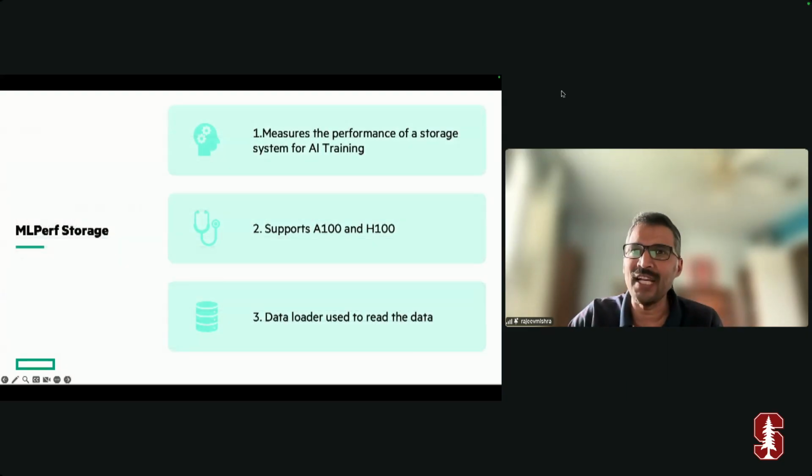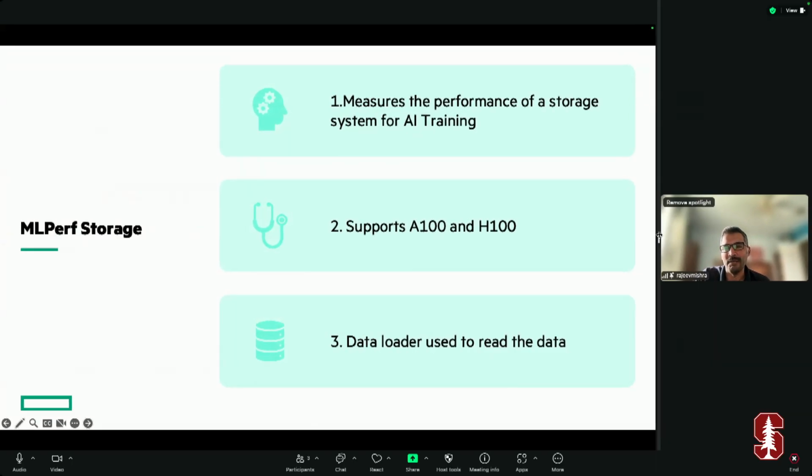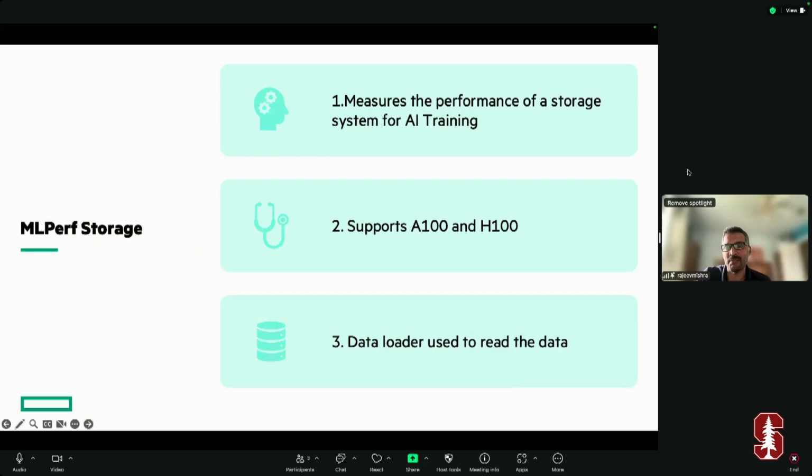This is in continuation of a presentation my colleague did at LUG explaining MLPerf, and he went in depth about how it works. Here I'm just scanning over what MLPerf is.